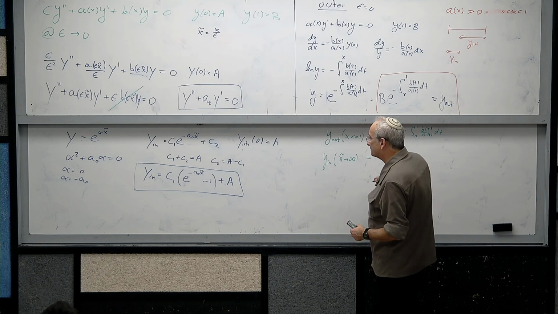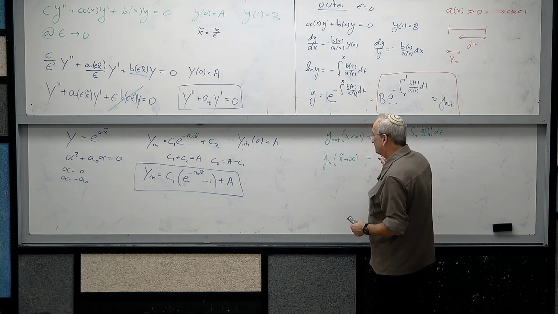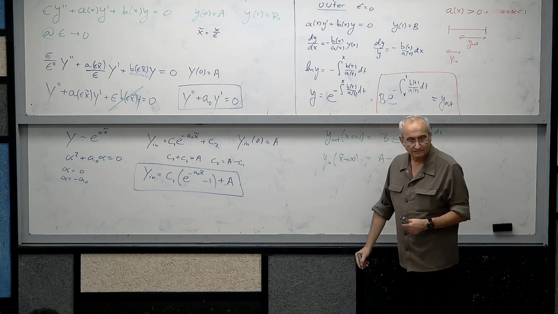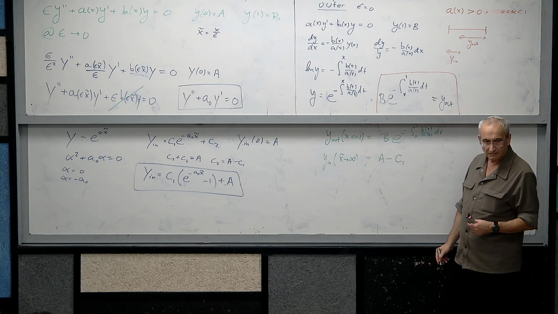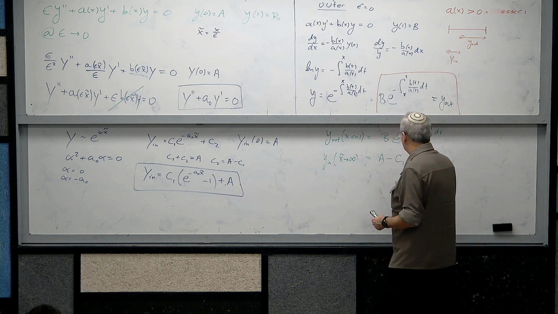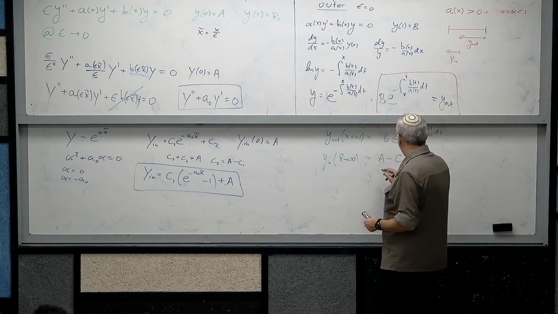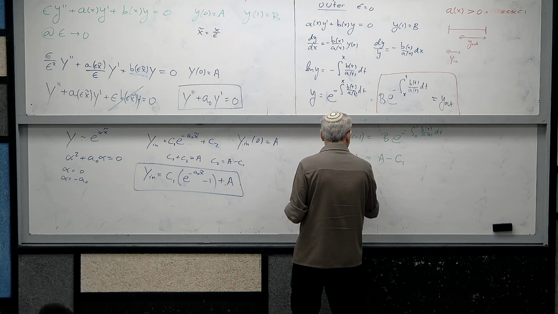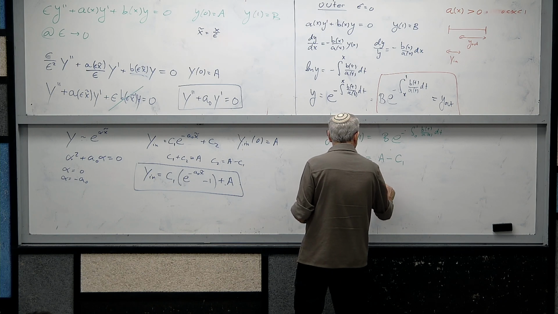And this will be a minus C1. Okay? And therefore, I want this to be equal to that. So it implies that C1 is a minus b e to the minus the integral from 0 to 1 of b over a dt.